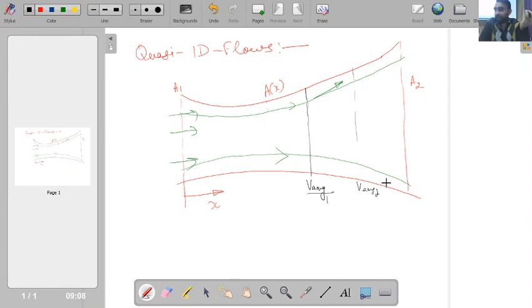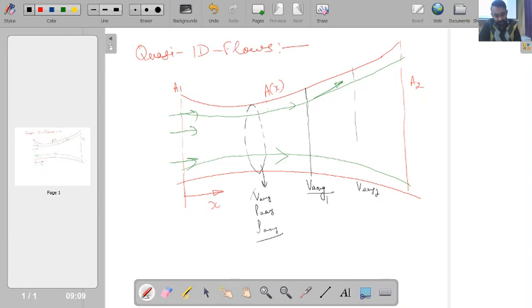If I avoid the variation of localized effects and simply consider the variation of property as an area-averaged property, then for each and every cross section, say an arbitrary cross section, I can define some area-average velocity, some area-average pressure, and some area-average density.